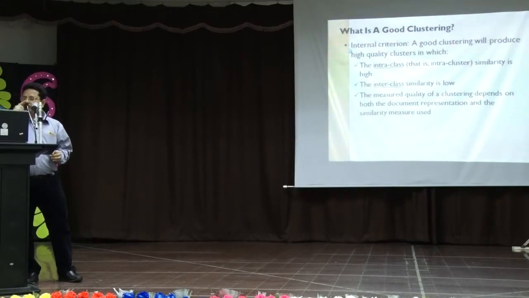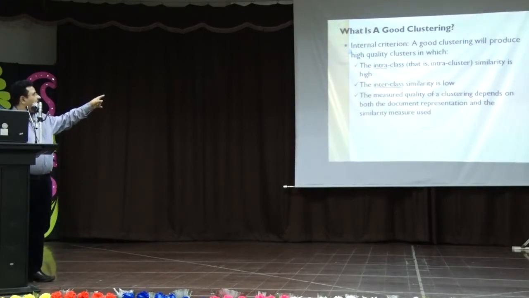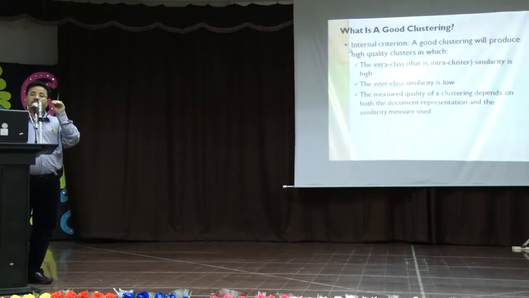But then, within a single cluster, the intra-class similarity will be high. It means if you put several data points within a cluster, all the data points will be similar to each other very strongly as regards to the feature selected.